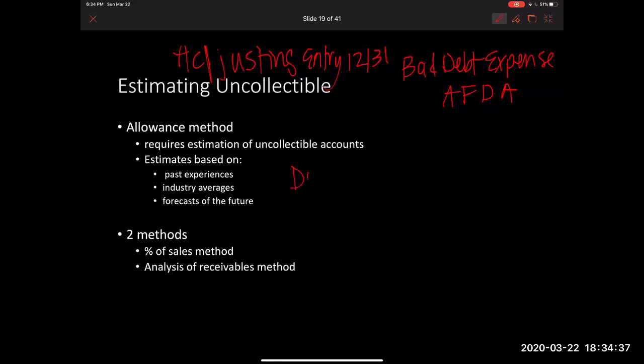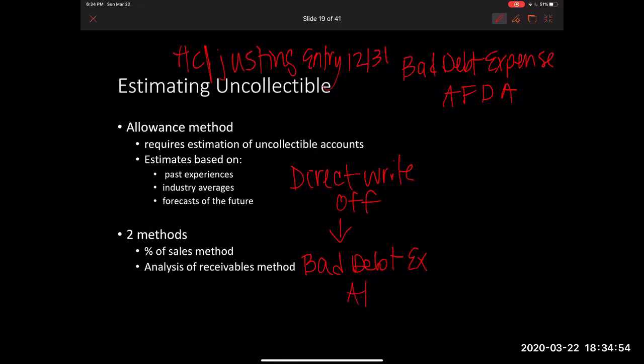So we have the direct write-off method. That journal entry looks like, we decided that we're not going to be able to collect this money: bad debt expense, and then the credit is accounts receivable.